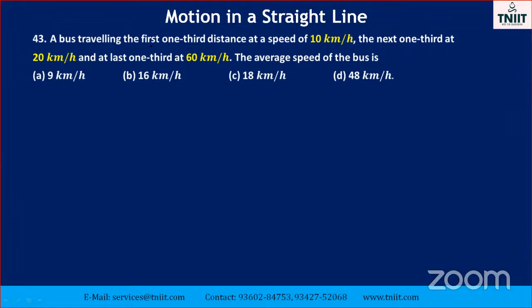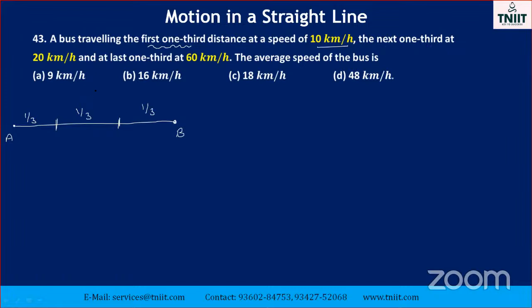Now the bus is traveling the first 1/3 of the distance with 10 kilometer per hour. For example, if I say A is the initial point and B is the final point, this is 1/3, this is 1/3, this is 1/3.